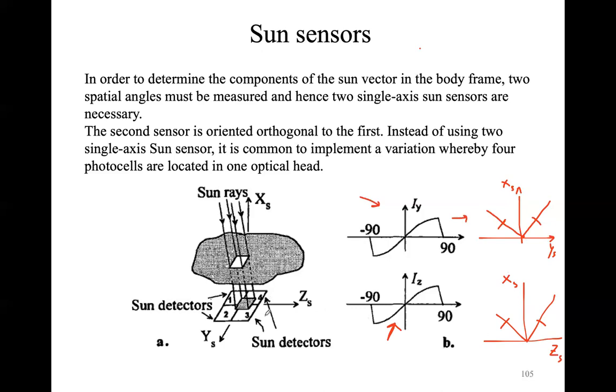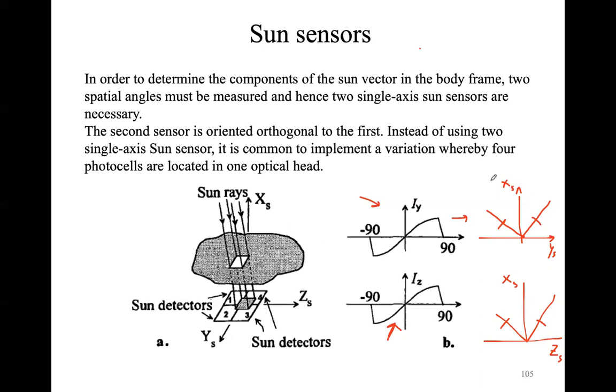This configuration gives you exactly the same response as this one, but placing the 4 sun cells in the same unit, and will provide a better knowledge of the sun position, but also a much more compact design of the instrument itself.